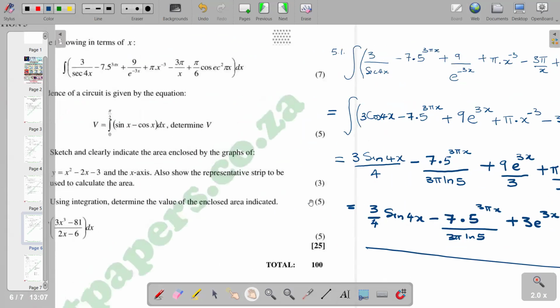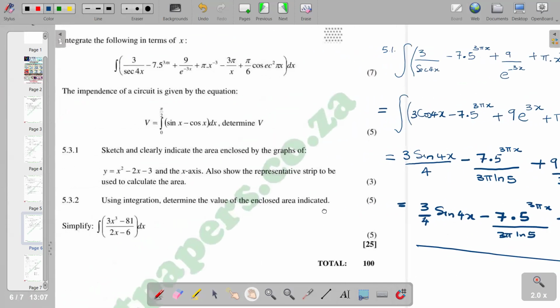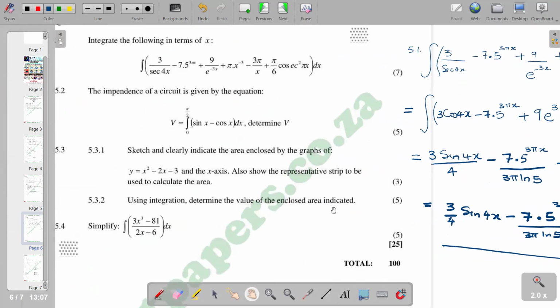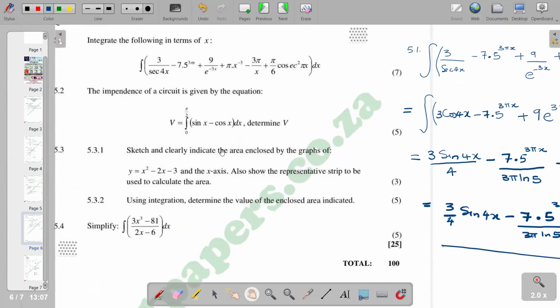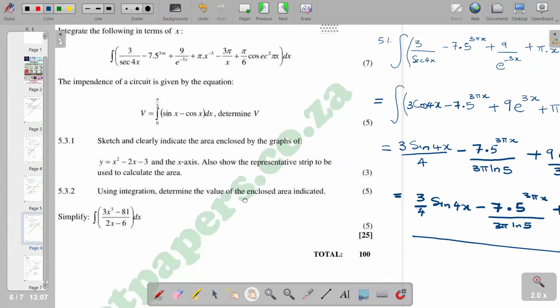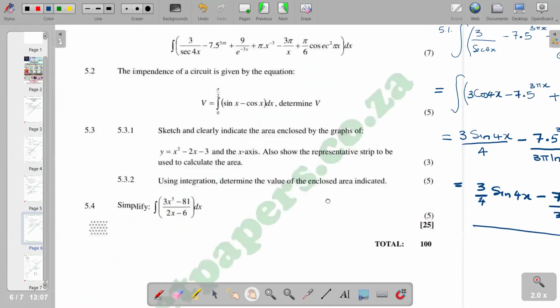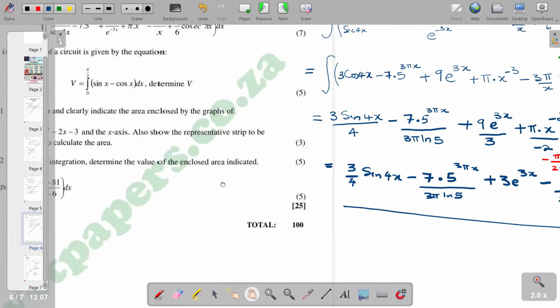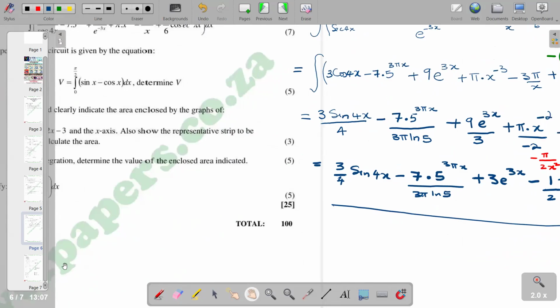The next question says the impedance of a circuit is given by the equation, so that is 5.2.